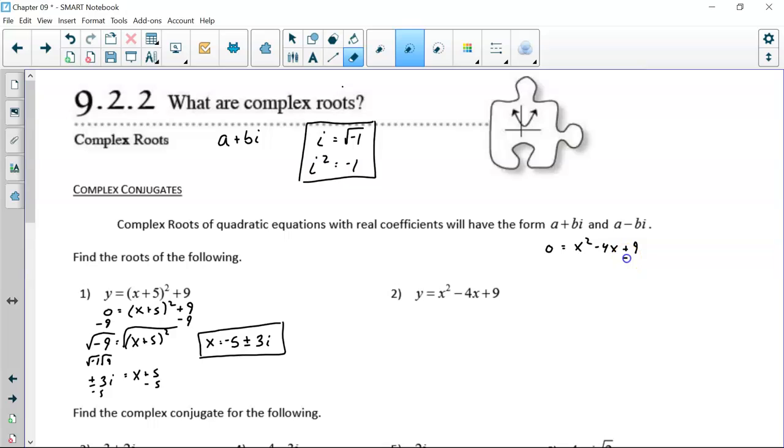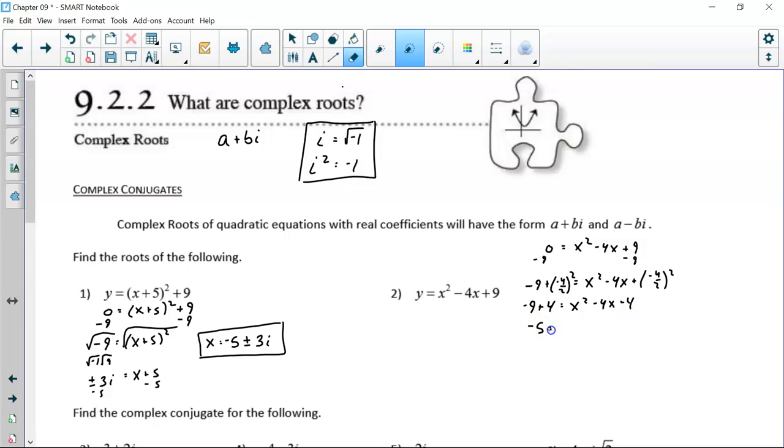Then we're going to subtract 9 from both sides. -9, leave some space, equals x squared minus 4x. We're leaving that space because we're going to be adding the middle term, -4 divided by 2 squared, to both sides. So it's -9 plus 4 equals x squared minus 4x plus 4.